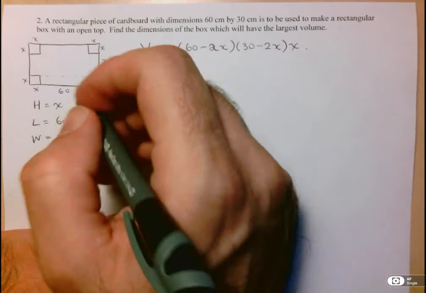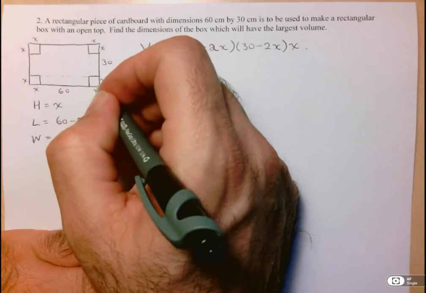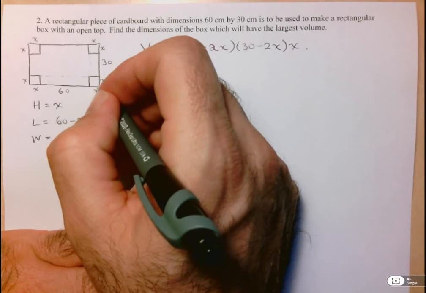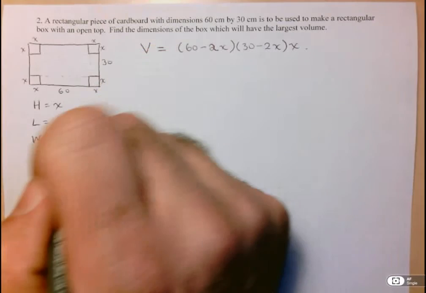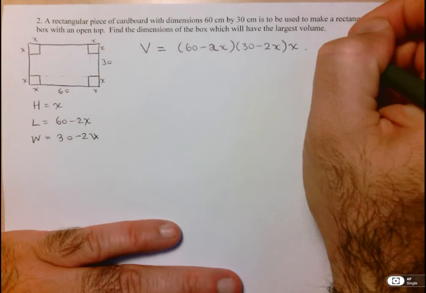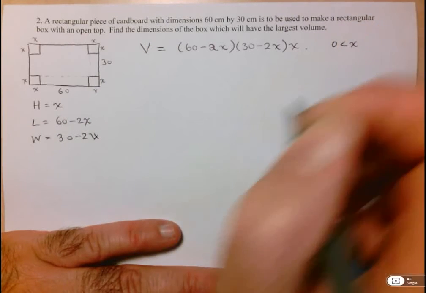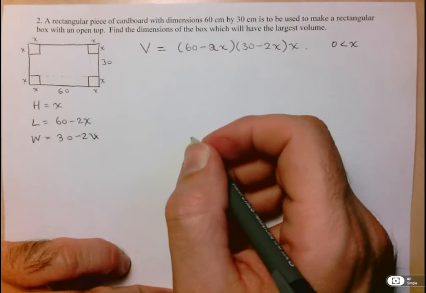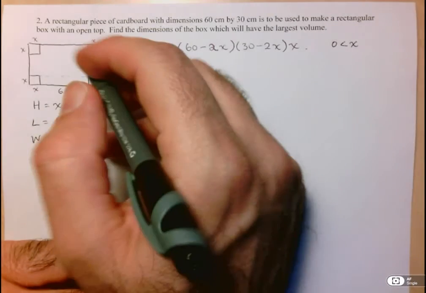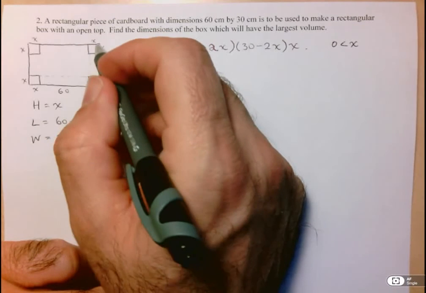Maybe before going on to do the calculus portion, let's figure out what restrictions we have on x. Clearly x has to be strictly greater than 0, because if you're not cutting anything off, there's no height to this box. If we're looking for an upper limit, we should focus on the smaller side.